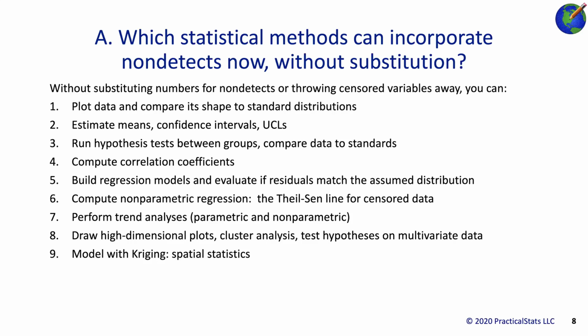So in a suite of variables, looking at them in multivariate space. And you can do Kriging, spatial statistics. All of this you can do without substituting numbers for non-detects, without throwing variables that have censoring away, which people sometimes do.